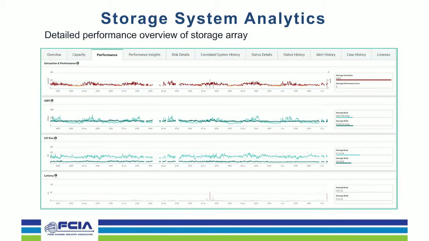We can get these single screen views of the whole storage ecosystem, and then we can drill down into these diagrams and start to profile, as I mentioned, a particular port, a particular VM, a particular workload that is causing some critical behavior.